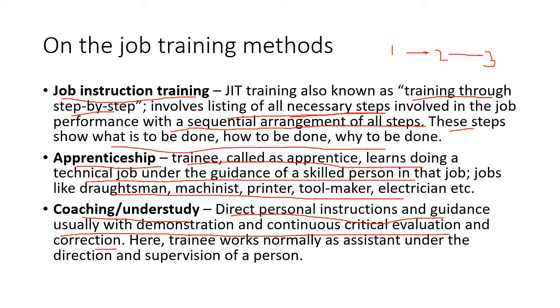Apprenticeship is more about practical training, like machinist, printer, electrician, and coaching is direct personal instruction, more theory based. Here the trainee works normally as an assistant under the direction and supervision of a person.